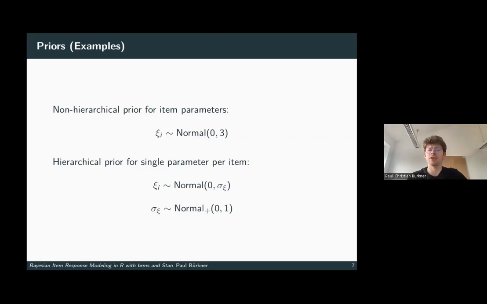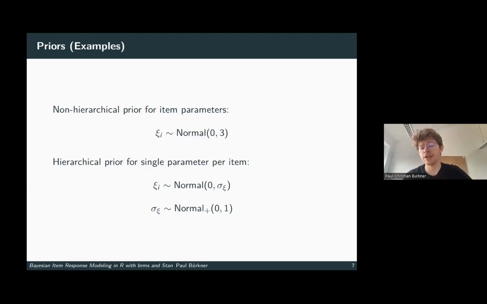Now compare that to the second option, which is a hierarchical prior. In this case, for example, our easiness parameter zeta i would be normally distributed again around 0, but now with a parameter sigma zeta that would not be fixed by the user, but rather estimated by the model and gets its own hyperprior.